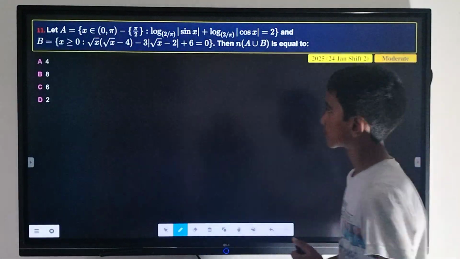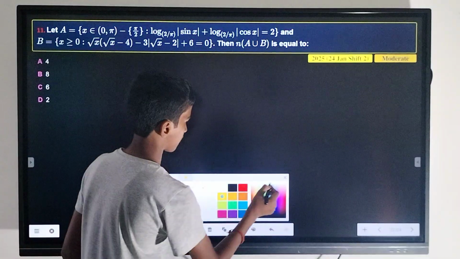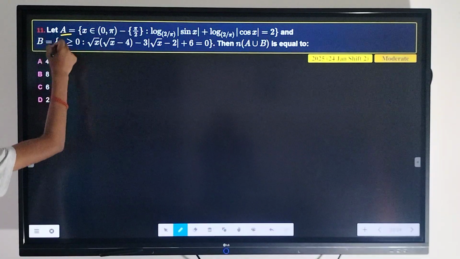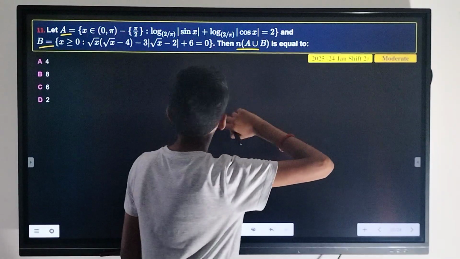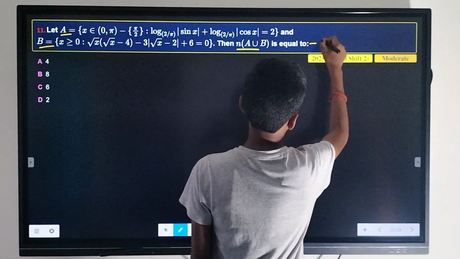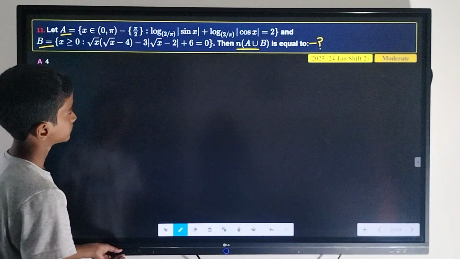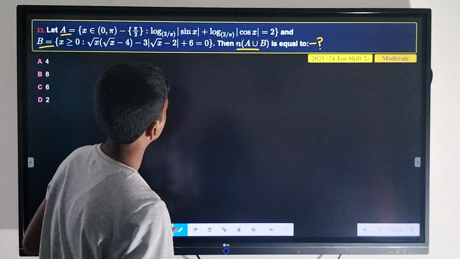Here is the next question now. In this question we have our set A and our set B. Then we have to find the number of elements in A intersection B. Now in A, first of all we will solve the equation.